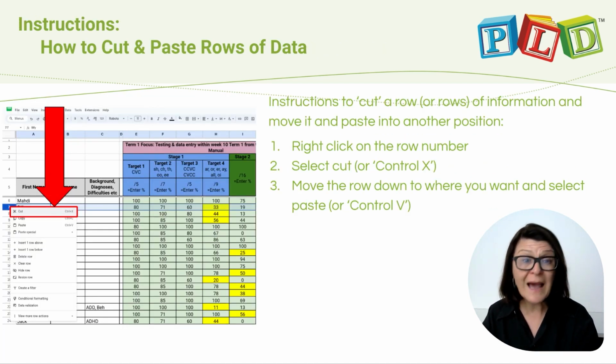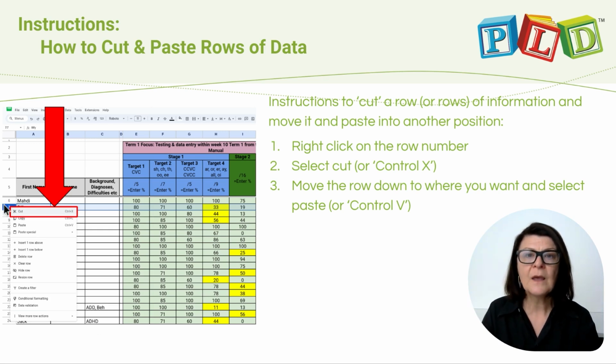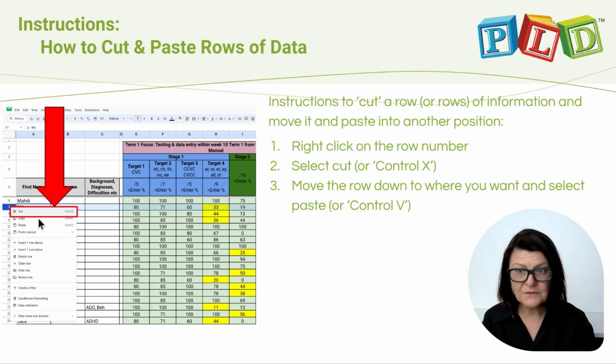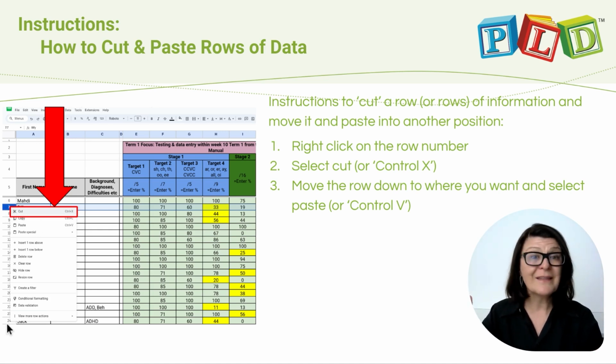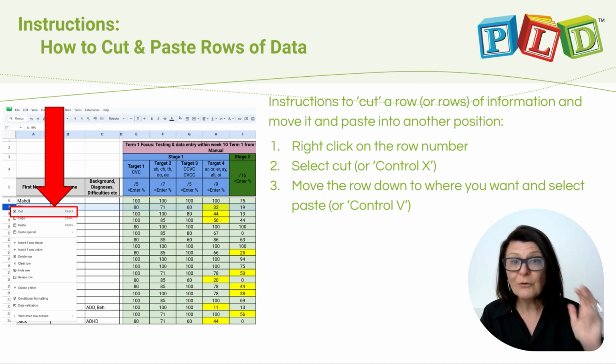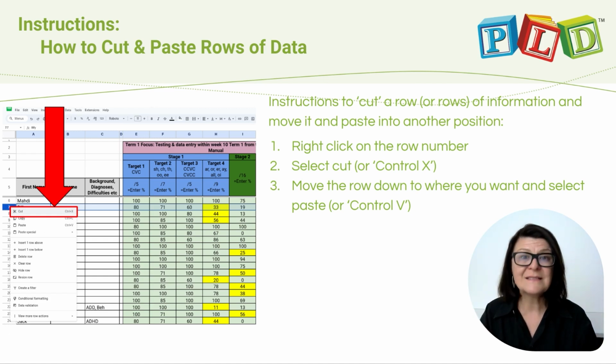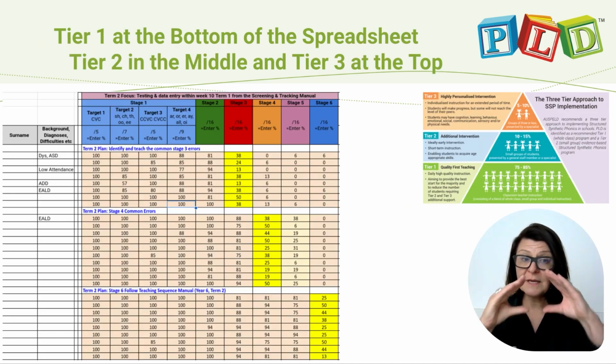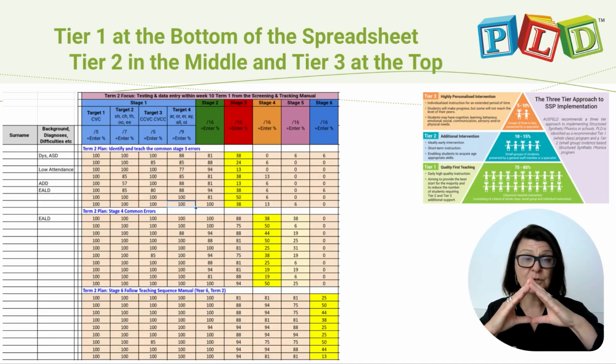How to cut and paste the full row of data. Right-click on the number and either Control X or select Cut, move down, click on another number and then Control V, or right click and select Paste. So what we're trying to do is organise our data into a triangle.